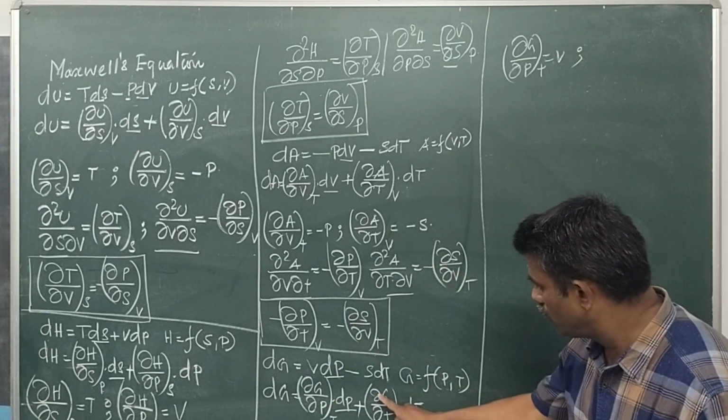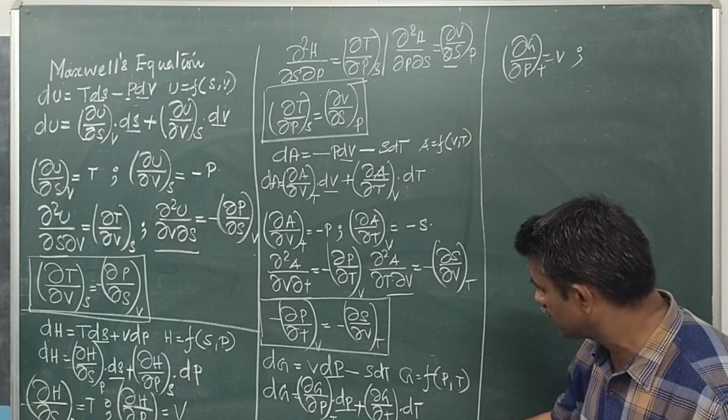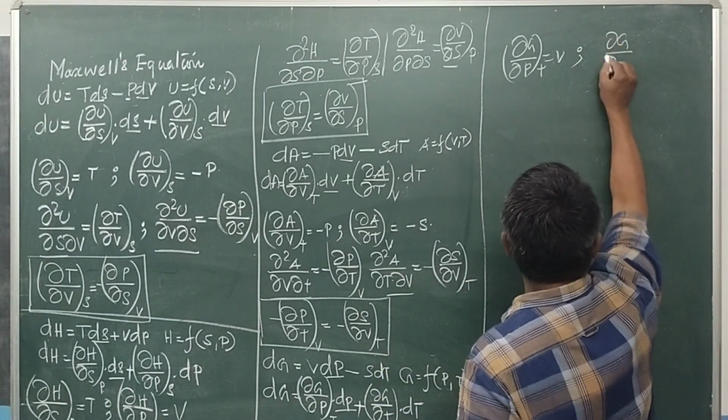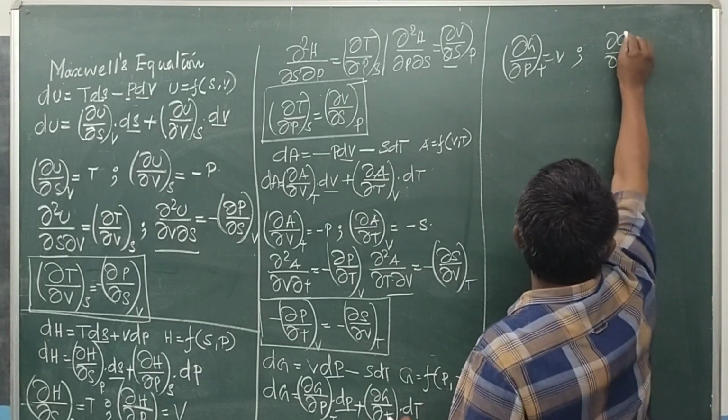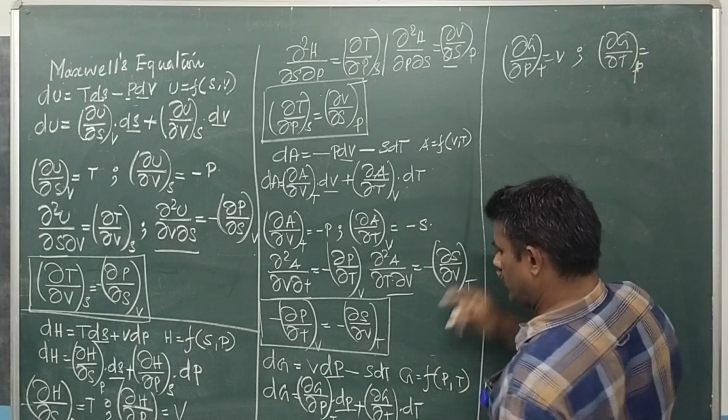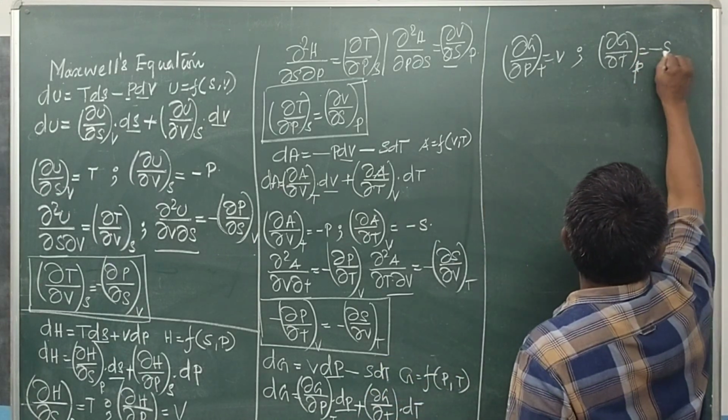Similarly, dou G by dou T at constant pressure is equal to minus S, entropy.